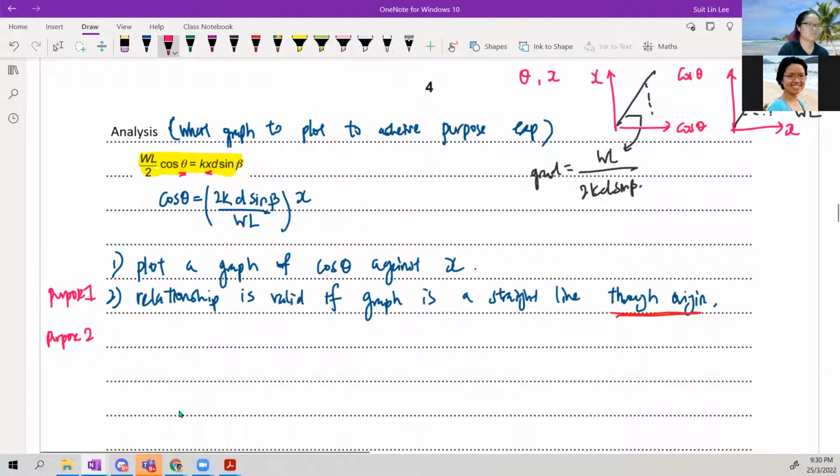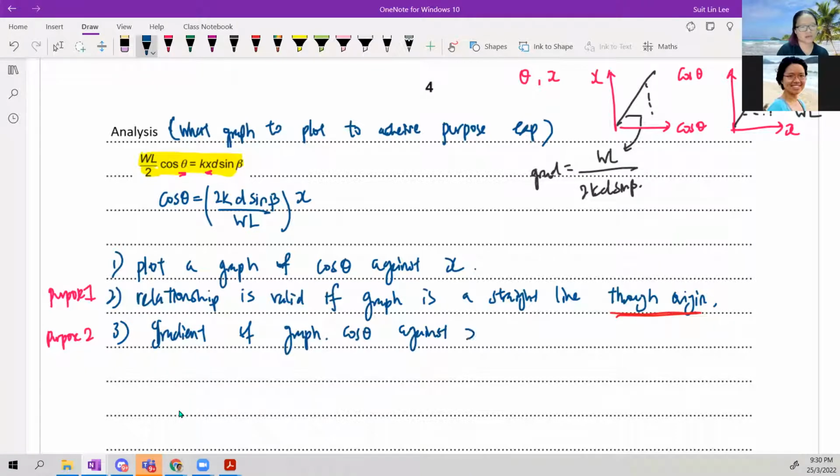find W. So you can say that the gradient of the graph of cos theta against x, let's say I call the gradient M, because nobody uses M here. M is equal to 2kd sine beta over WL.